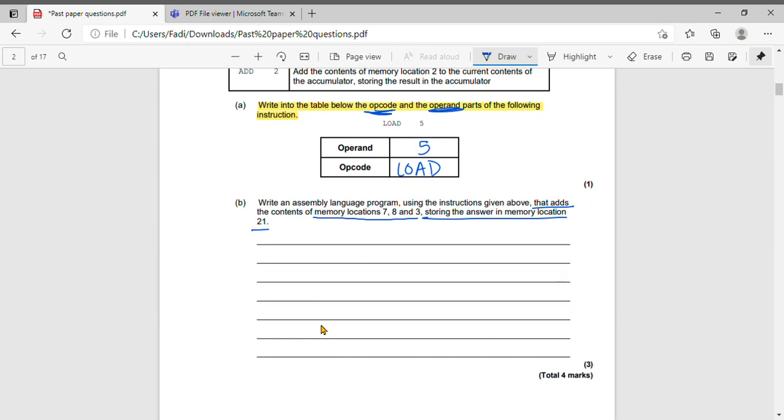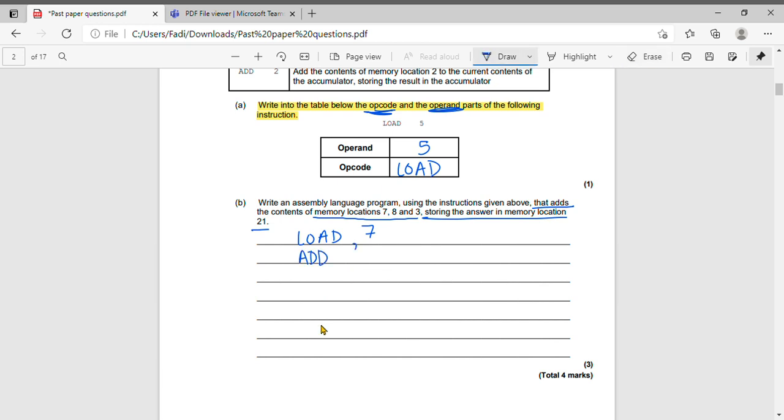Okay, so load 7, add 8. Oh, hold on, no need to load 8.